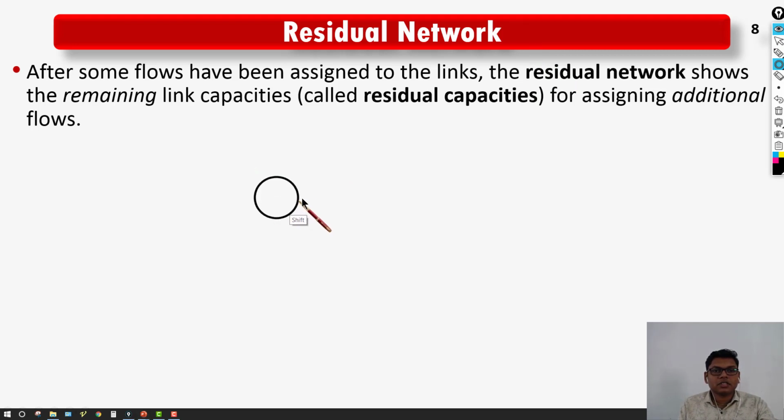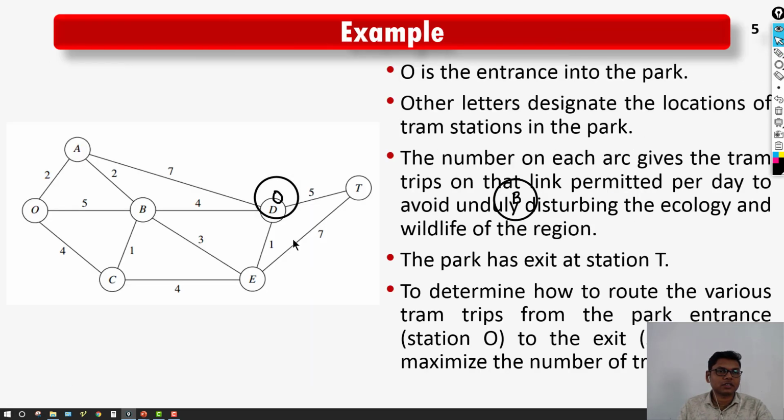Let's suppose this one is one station and this is another station, named as A, O, B. Let's go back and see one. O to B, where is it? O to B is 5.